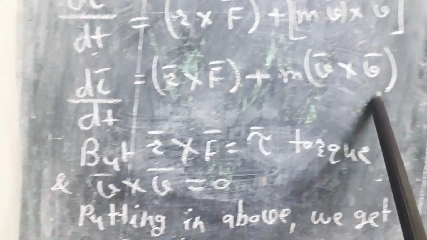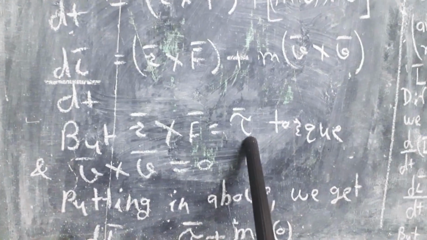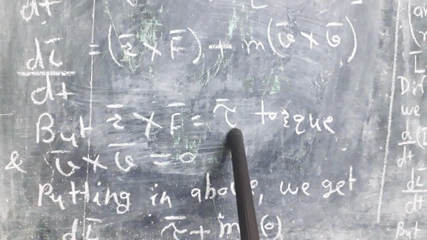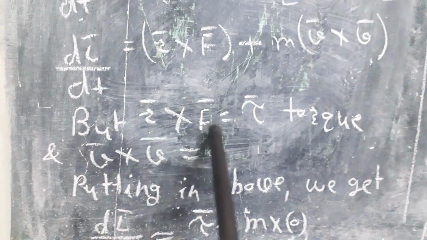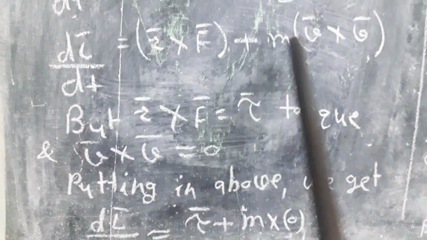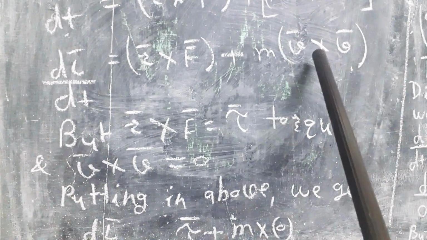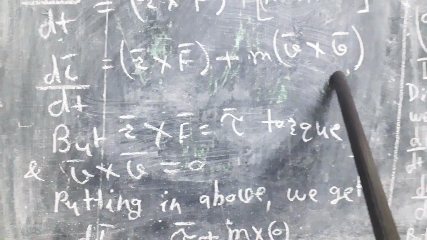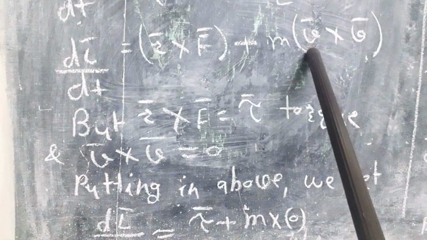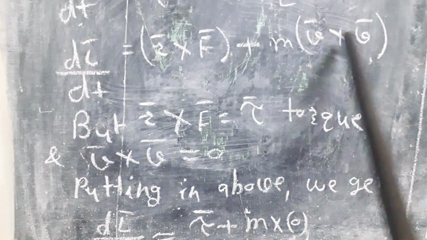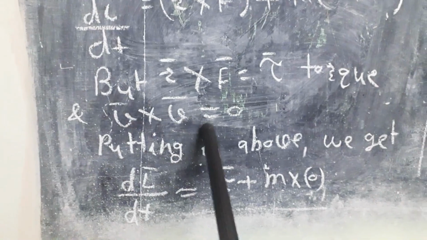But we know that r bar cross F bar is called torque, tau bar, standard formula. Just like force is equal to mass into acceleration, here torque is given by r bar cross F bar. And v bar cross v bar is 0. We know that the cross product of a vector with itself is always 0. So v bar cross v bar is equal to 0.